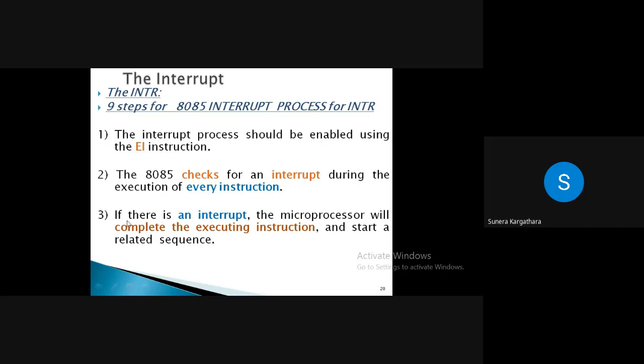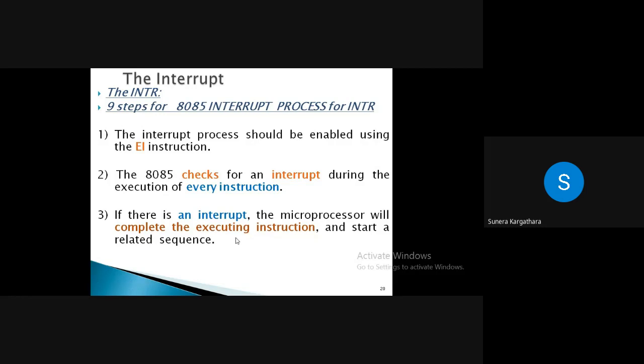Right? Now, what is the frequency of checking whether there is an interrupt or not? After each and every instruction, your processor will check whether there is an interrupt or not. If there is an interrupt, then depending upon whether it is a maskable or non-maskable interrupt, the completion of execution will be considered.